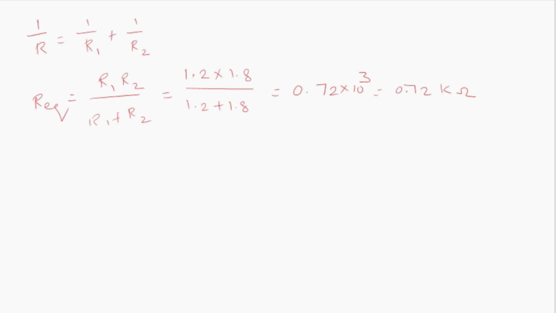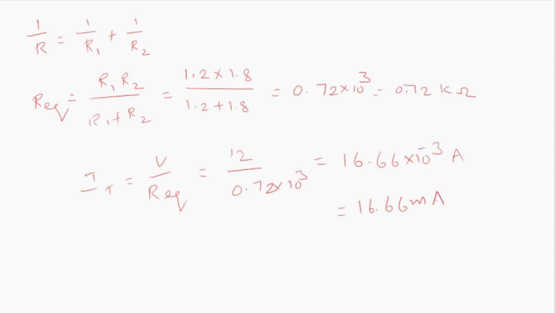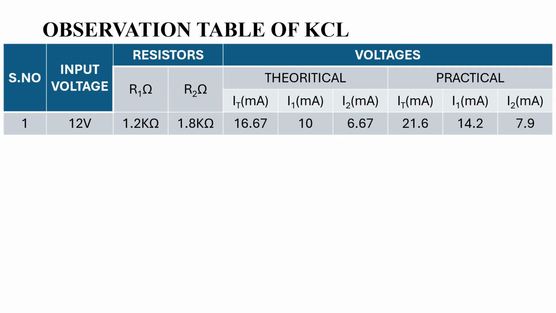Since the values of resistors are in kilo ohms, IT is equal to V by R equivalent, which is 12 by 0.72 into 10 cube, which is 16.66 into 10 power minus 3 amperes, 16.66 milliamperes. Now note down these values in the table.